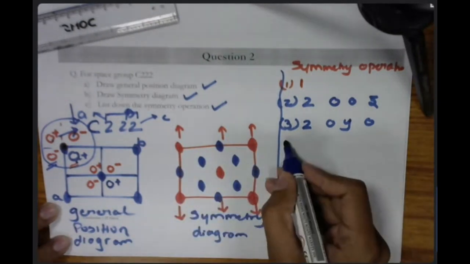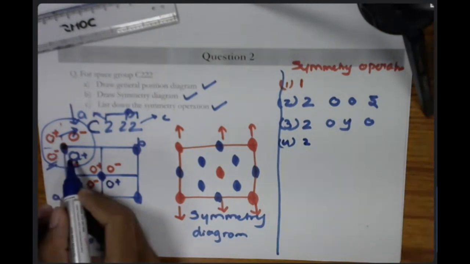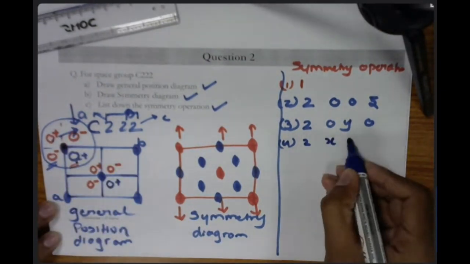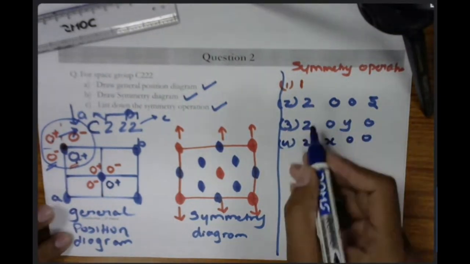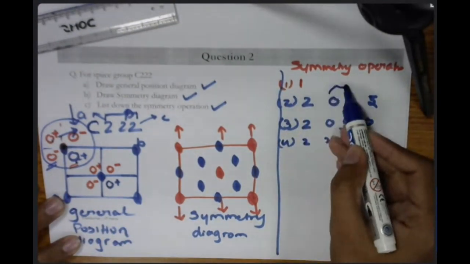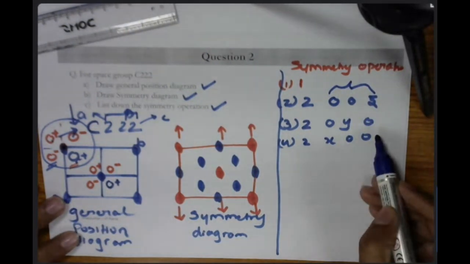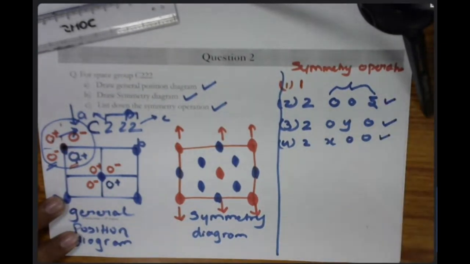So we can write that there will be a twofold along this particular axis, about the x-axis: 2, x, 0, 0. The first part is telling what the rotation is, and the second part is telling where that particular symmetry element is lying, whether the x-axis is a twofold rotation, the y-axis is a twofold rotation, or the z-axis is a twofold rotation. Right.